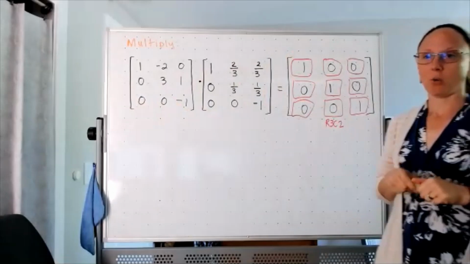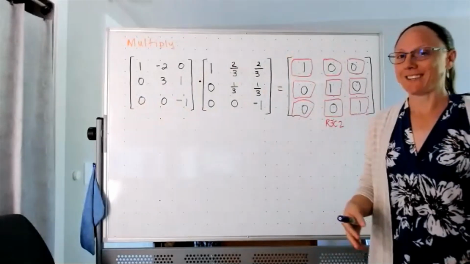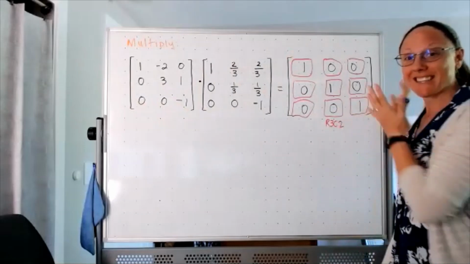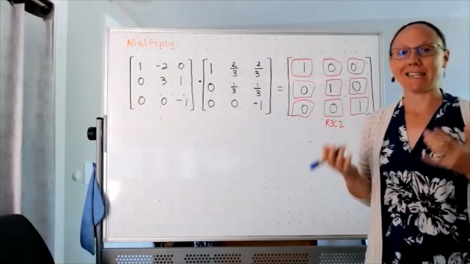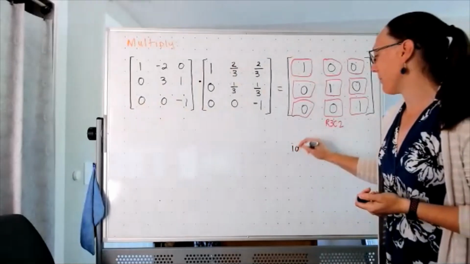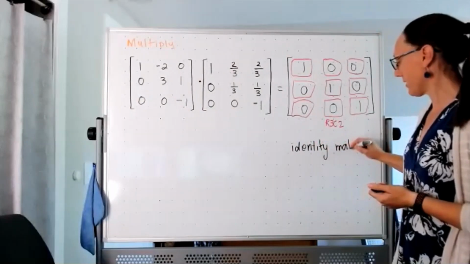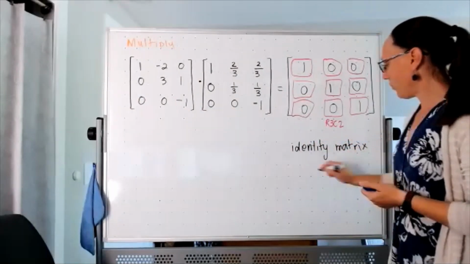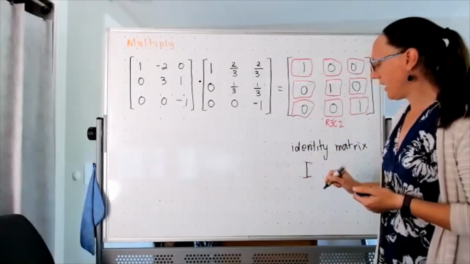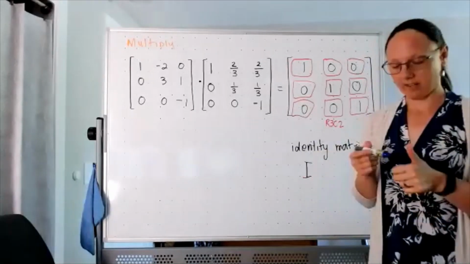Bam. Okay. Now this matrix over here actually has a special name. This thing over here we refer to as the identity matrix. And we abbreviate the identity matrix with a capital I. And then we usually give a subscript to say how big the matrix is.